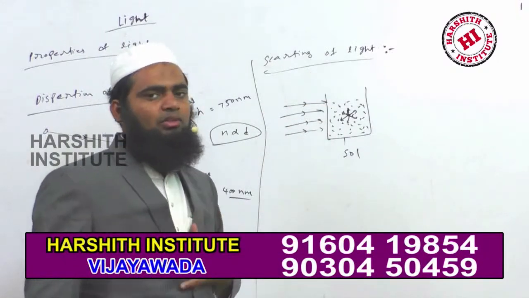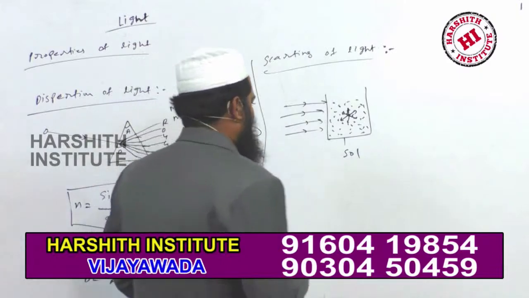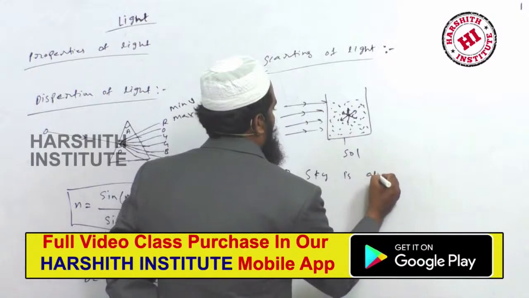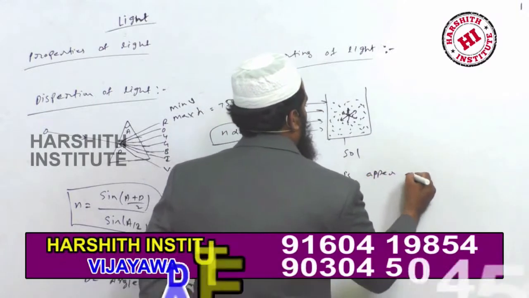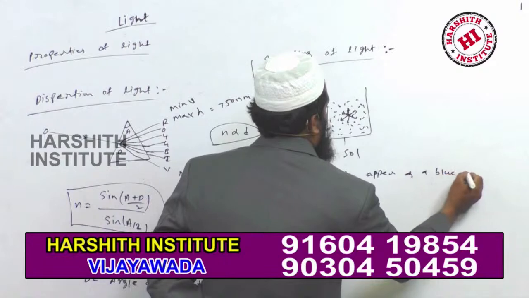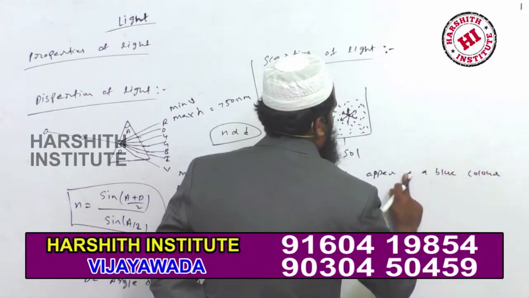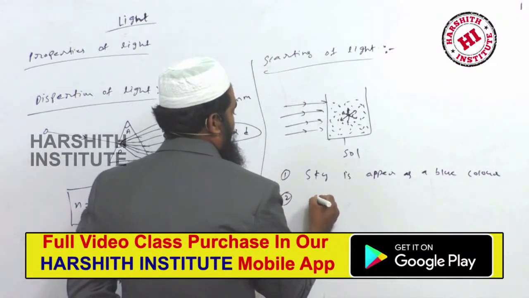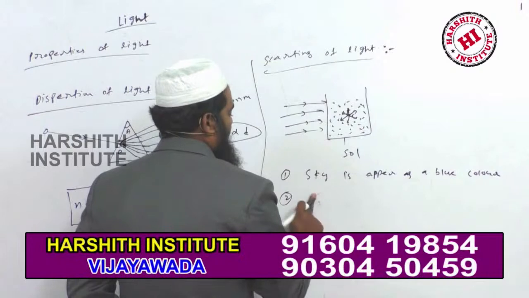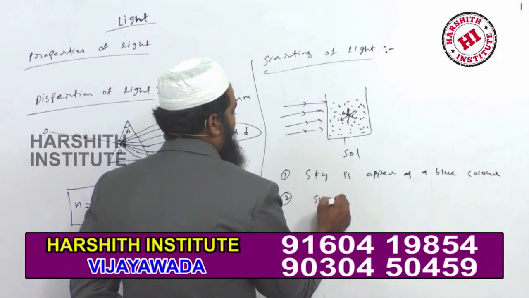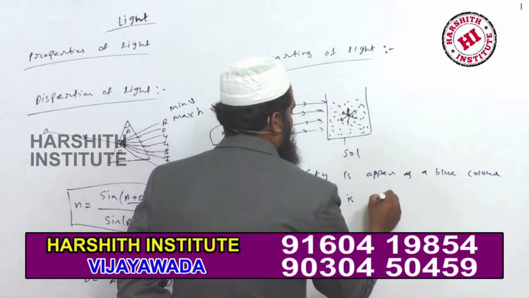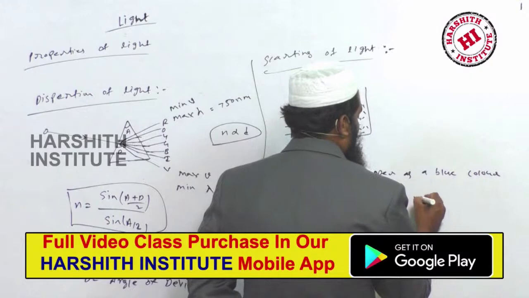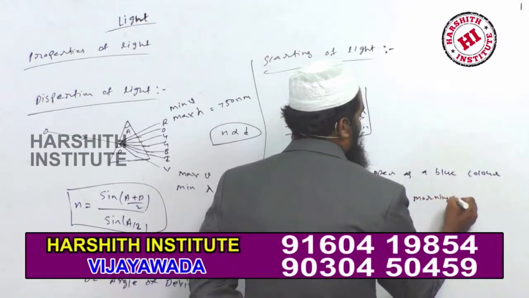Here we can observe different applications in daily life. The first application is that the sky appears blue in color. The second is that the sun appears red in the morning and evening.